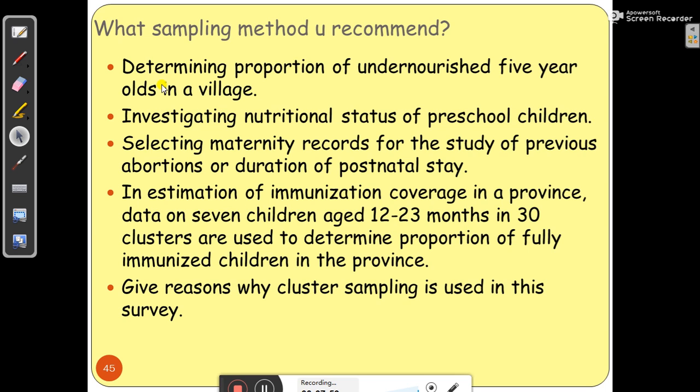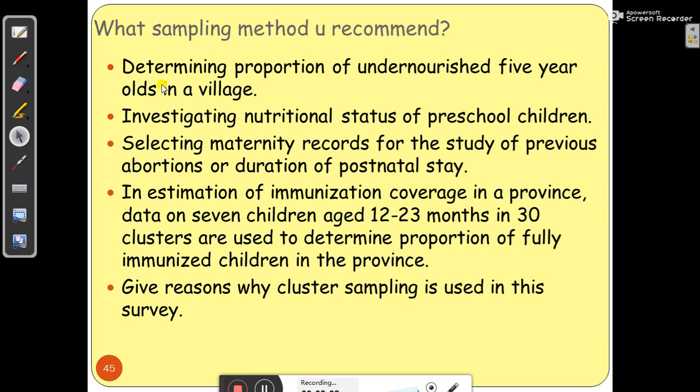You need to investigate the nutritional status of preschool children, selecting maternity records for the study of a previous abortion or duration of postnatal stay. In estimation of immunization coverage in a province, data on 7 children aged 12 to 23 months in 30 clusters are used to determine the proportion of fully immunized children in the province. Give reasons why cluster sampling is used in this survey.